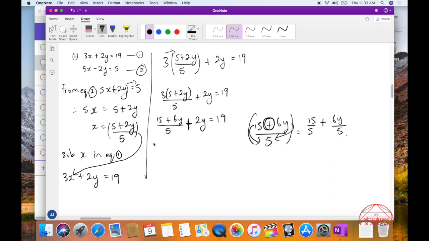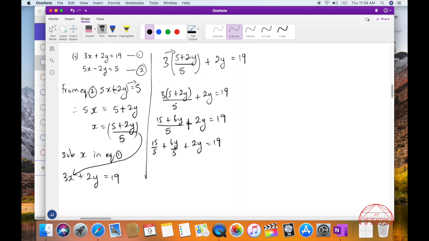So now I'll have 15 divided by 5 plus 6y divided by 5 plus 2y gives us 19. Right? So you see how this substitution thing really helps us to practice a lot of cool stuff, like splitting up this fraction into 2 different fractions. So we really get to practice a lot of algebra in this substitution method, right? So how about this 6y over 5?